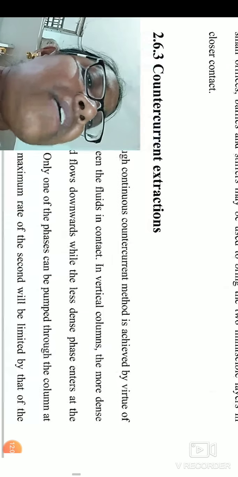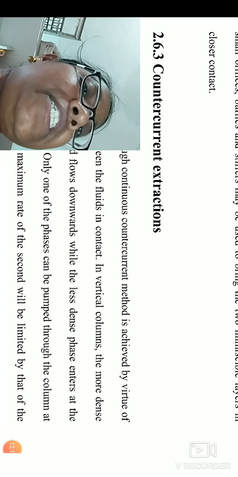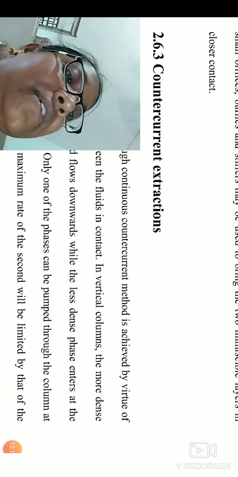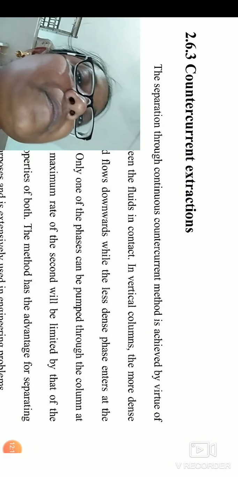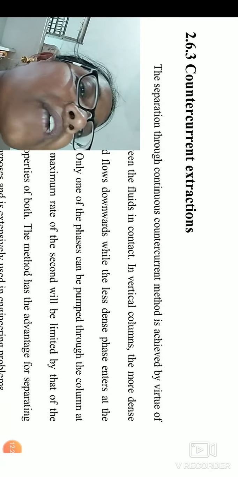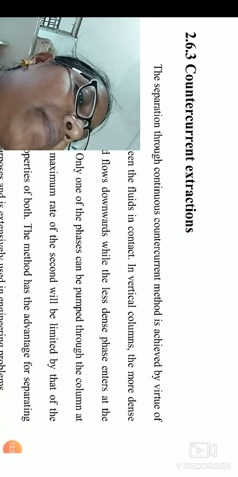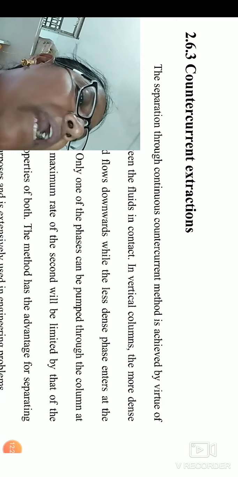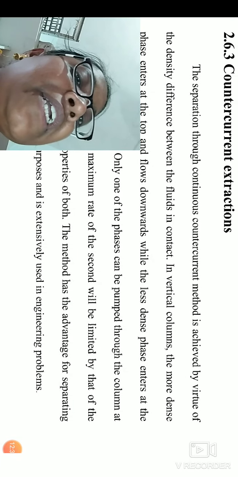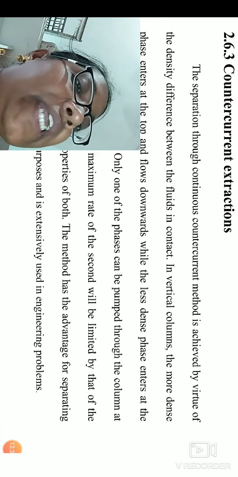Next one is counter current extraction. It is a Craig counter current extraction. The separation through continuous counter current method is achieved by virtue of the density difference between the fluids in contact.